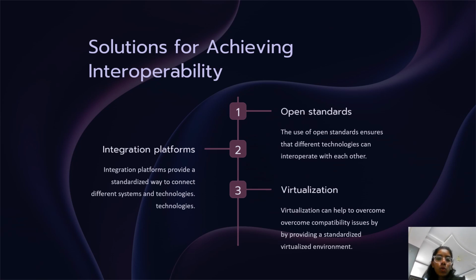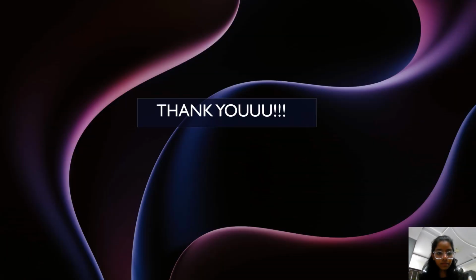These three, open standards, integration platforms, and virtualization, are solutions for achieving interoperability. That means working efficiently and reducing the number of errors. Thank you.